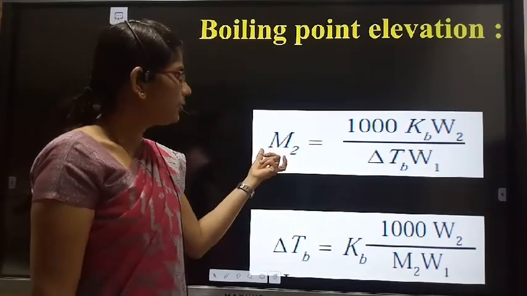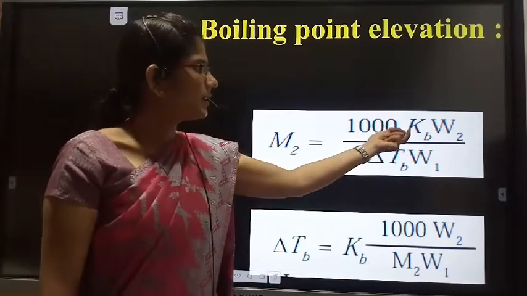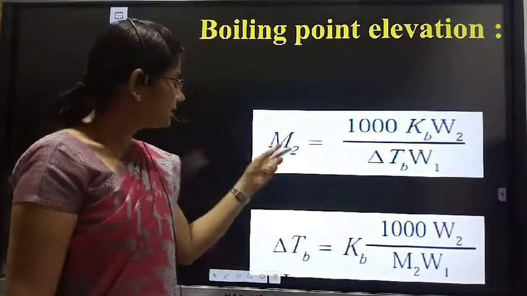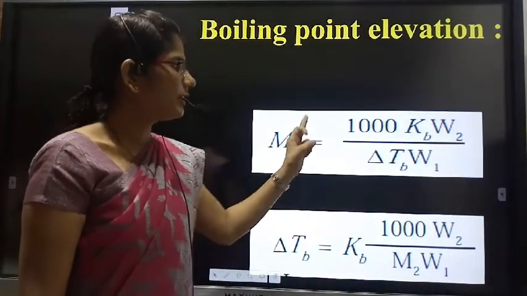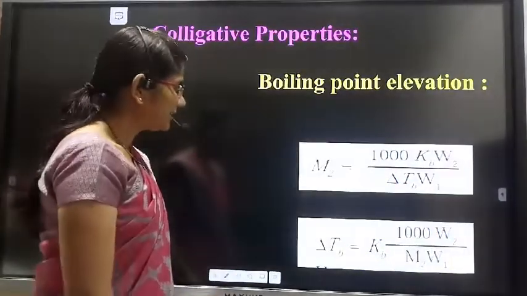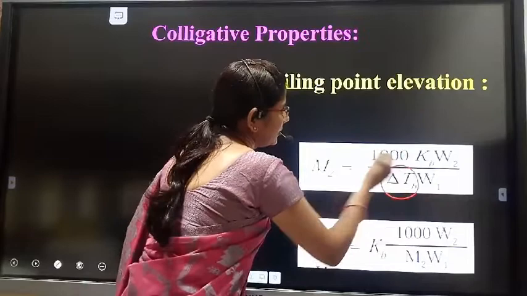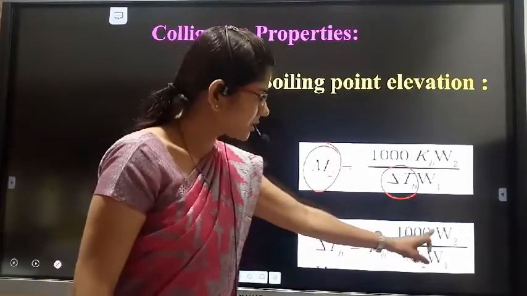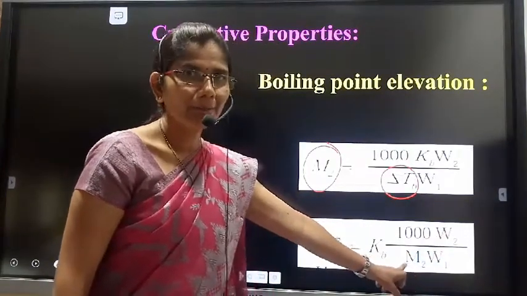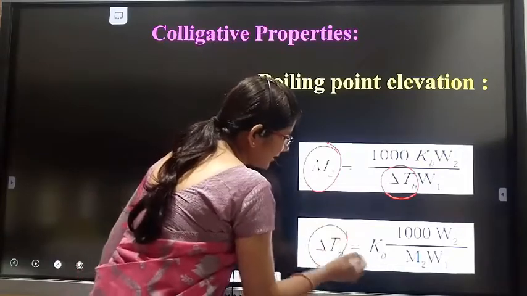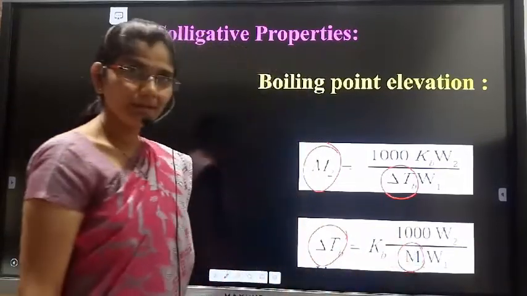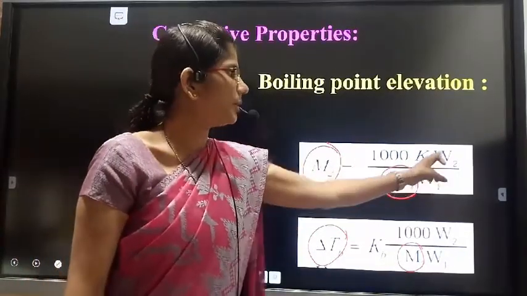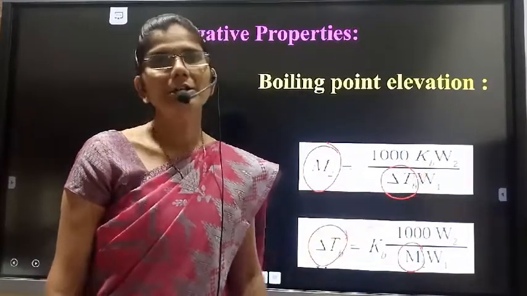So delta TB is equal to kb 1000 W2 divided by M2 W1. So this is the relation between delta TB and M2, and therefore the molar mass of the solute M2 is equal to 1000 kb W2 divided by delta TB W1.